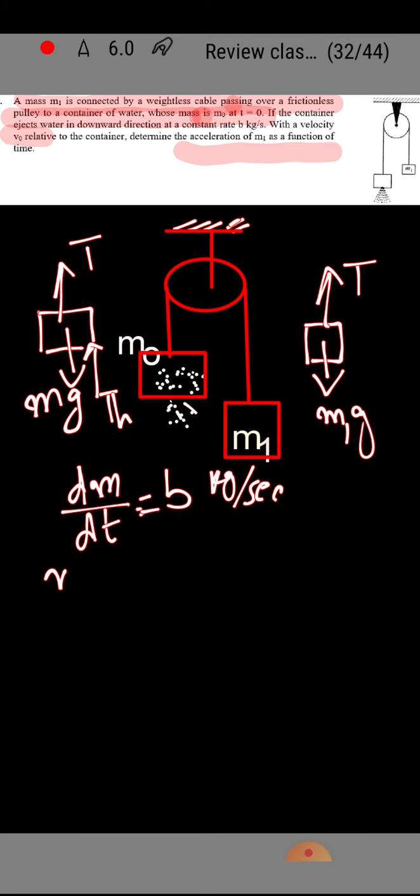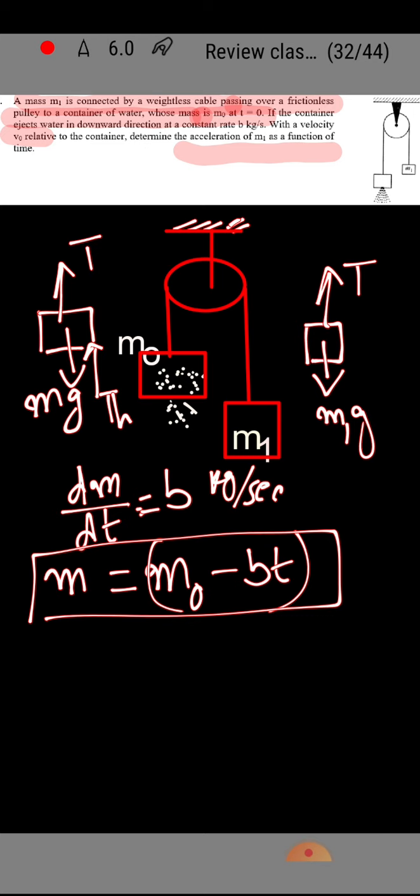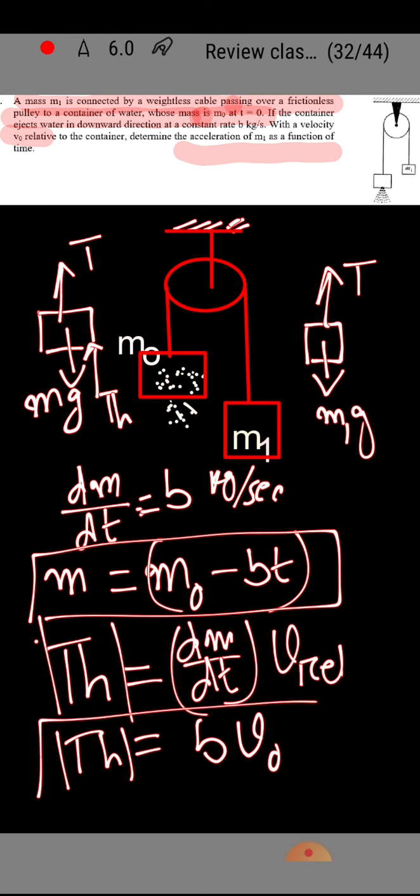The mass of the left hand system is equal to the initial mass m0 minus b t, since water is going out at rate b. And the thrust force is equal to dm by dt into v relative. Here dm by dt is b and the v relative is v0, so thrust is equal to b v0.